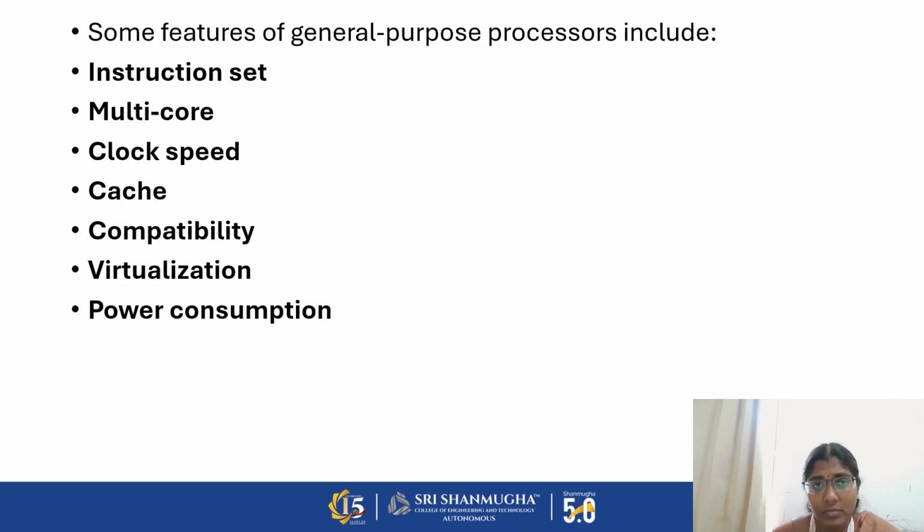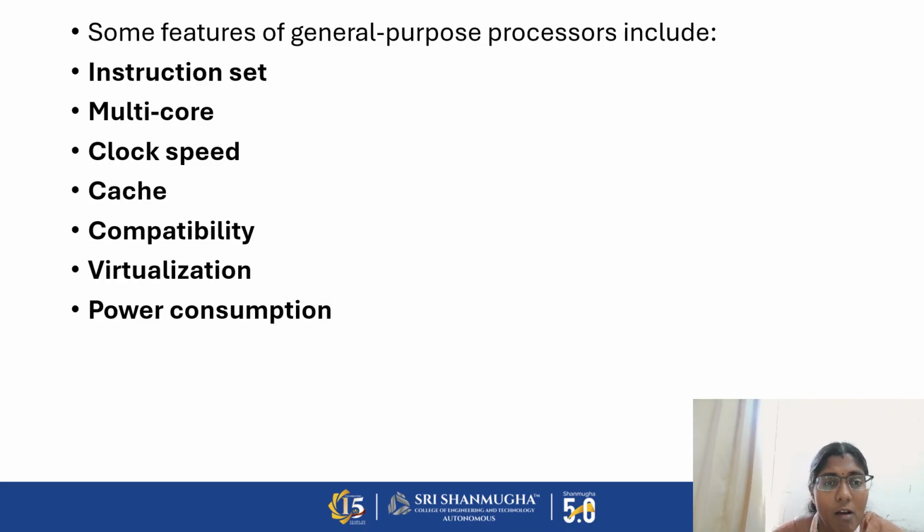The next one, multi-core. We use our computer to perform multiple tasks at the same time, so to perform the individual tasks, you need individual cores, right? So a general purpose processor will have multiple cores.